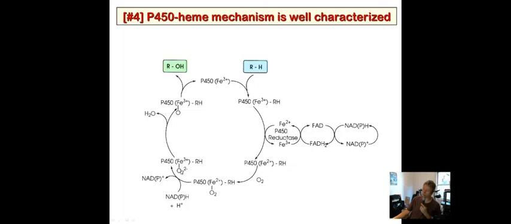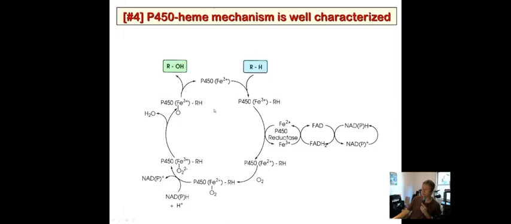So now you have this intermediate in the mechanism. Water gets lost. Now you have an oxygen attached to your iron, and then through another kind of magical reaction, the oxygen that's on the iron gets transferred over to the substrate.